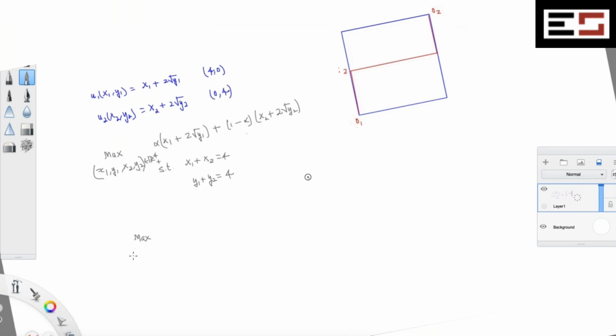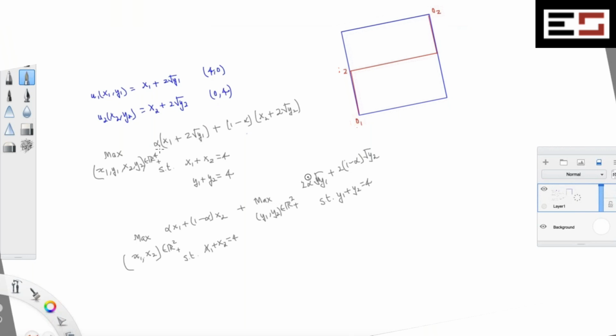You can write it like this: maximize with respect to x1, x2, alpha x1 plus (1 minus alpha) x2, subject to x1 plus x2 equal to 4, plus maximize with respect to y1, y2, 2 alpha root y1 plus 2 (1 minus alpha) root y2, subject to y1 plus y2 equal to 4. Yes, we can split it like this, right?